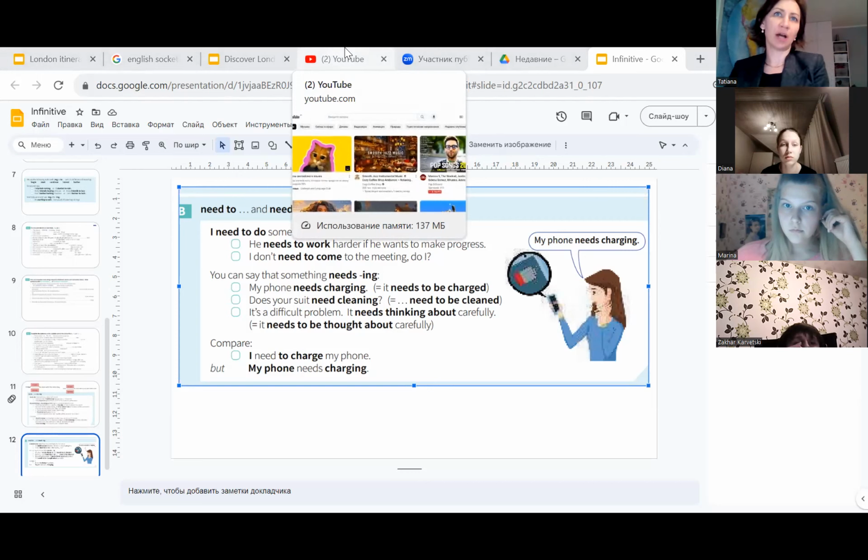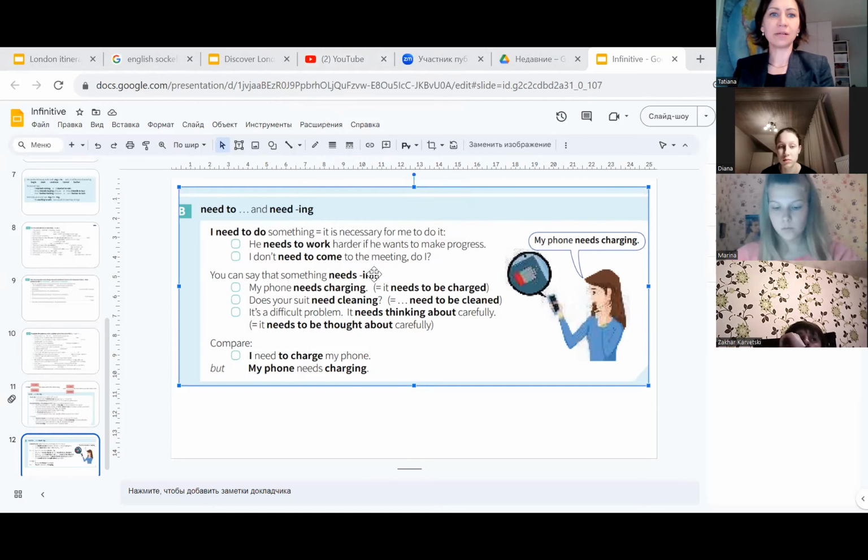He needs to work harder if he wants to make progress. I don't need to come to the meeting. Do I? Like I have to? I don't have to. But when you say need with ing, it's usually about an object. Something needs action. So my phone needs charging.